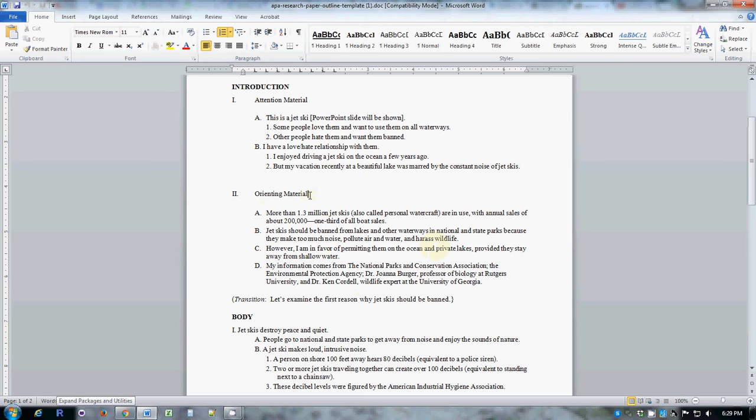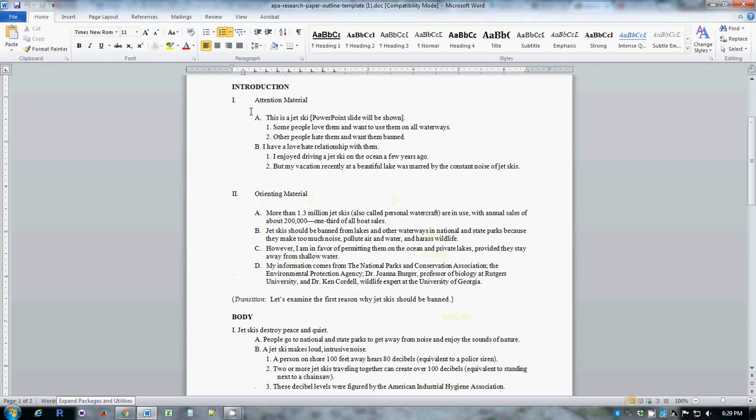I kind of like this way because background material really is part of an introduction in my vision of things for the relatively short 5 or 6 page paper that you'll be writing. So the orienting material has just background information that is important to present to the reader so that that person can understand what's to follow.